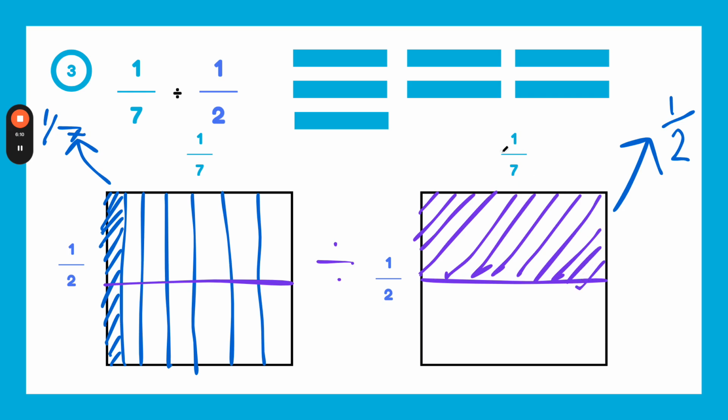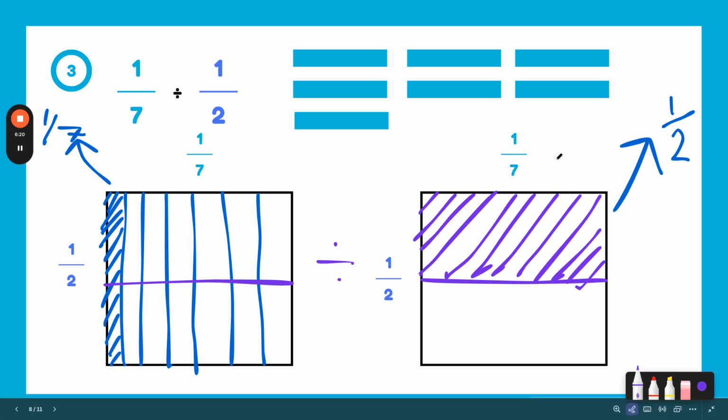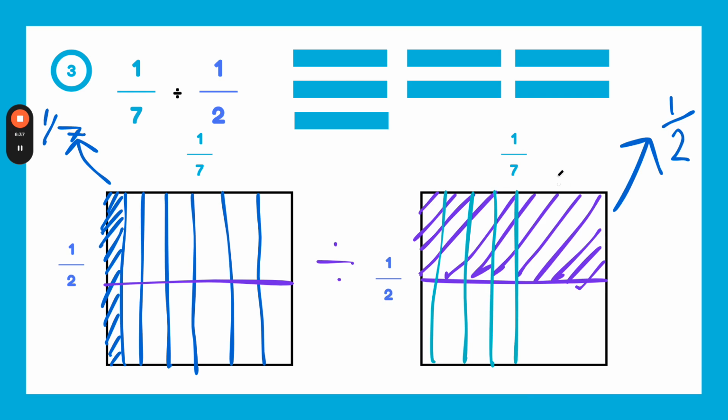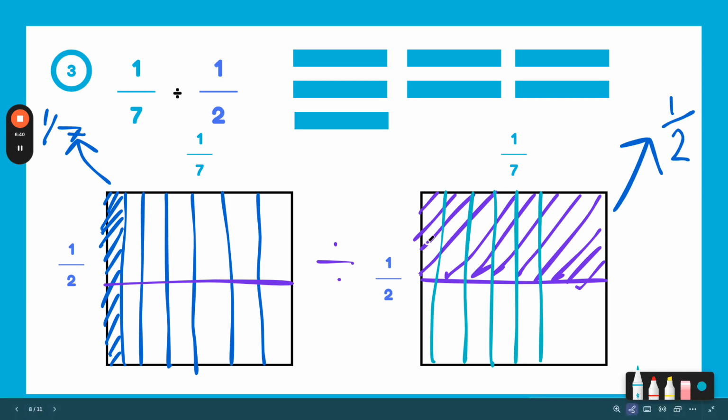And because we have 1 over 7 on the top, this means we have to split the square into 7 pieces vertically. So that is 1, 2, 3, 4, 5, 6, and 7.